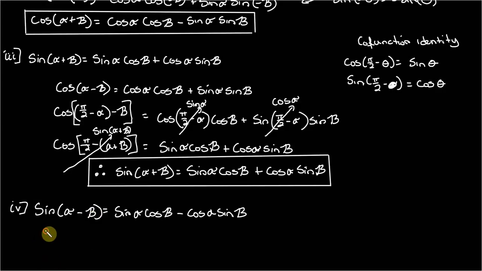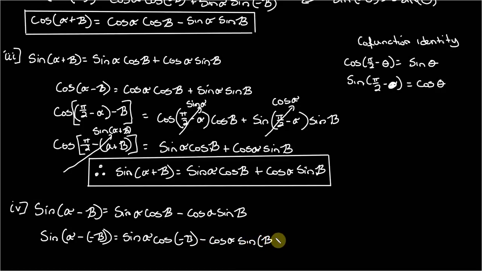So what we're going to do is substitute negative beta for beta again, just like we did previously. So we get sine alpha minus negative beta, and that's going to equal sine alpha. We substituted for beta, remember, so this is a negative beta minus cos alpha sine, and again it's a negative beta. This is going to work fine. We're going to end up with a double negative, which becomes positive, and we are exactly where we want it to be. So that's a negative beta.